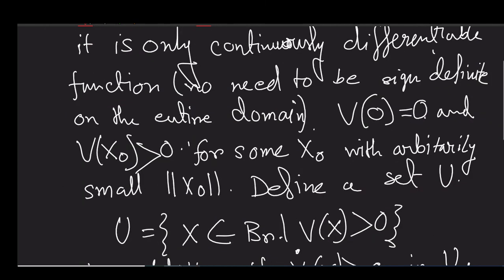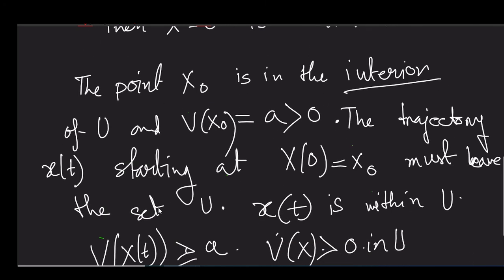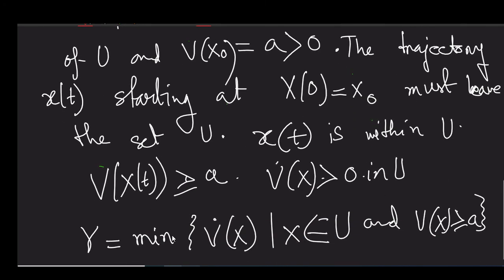So how have we defined U? U contains all the x within a ball of radius r, confined such that V(x) is greater than 0. So it is obviously closed and bounded, so this minimum value can exist.